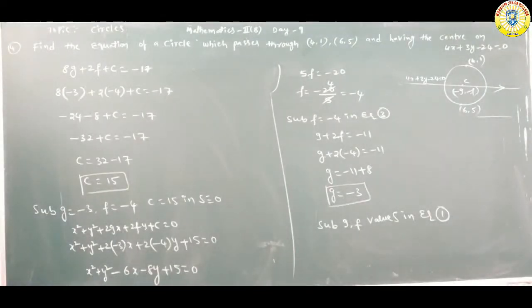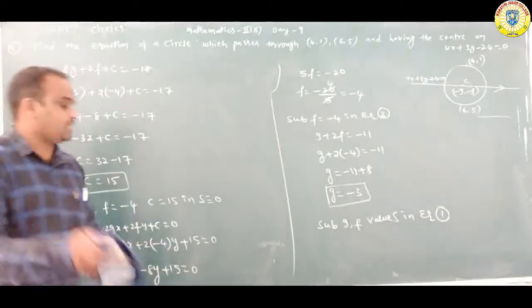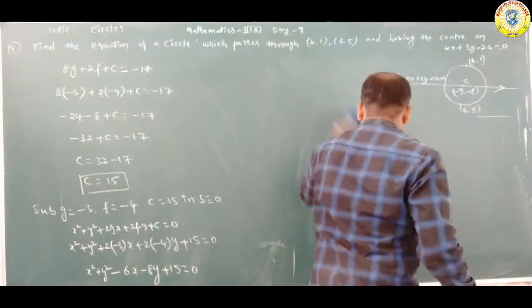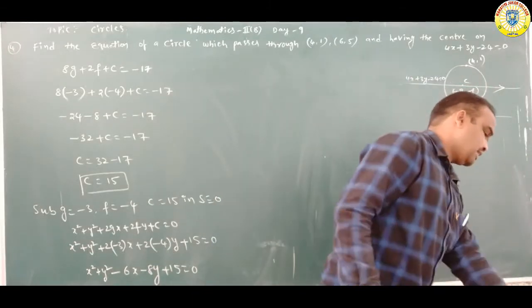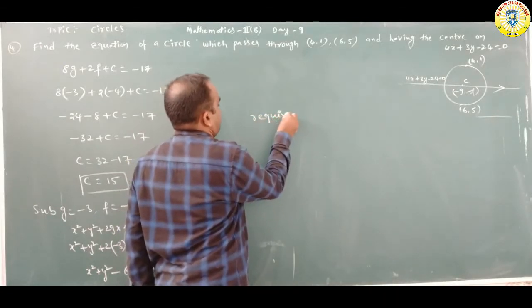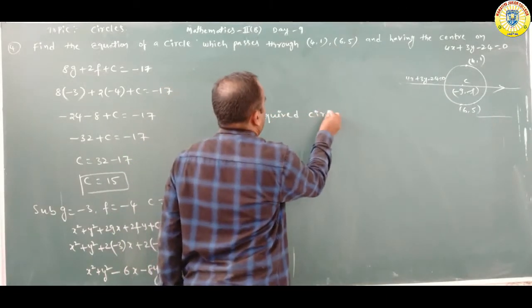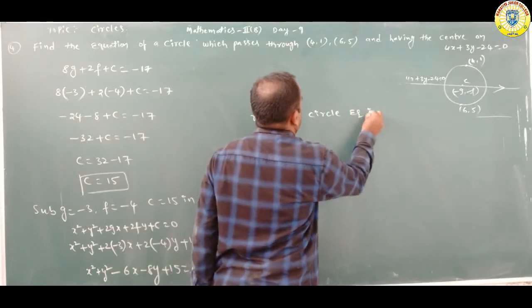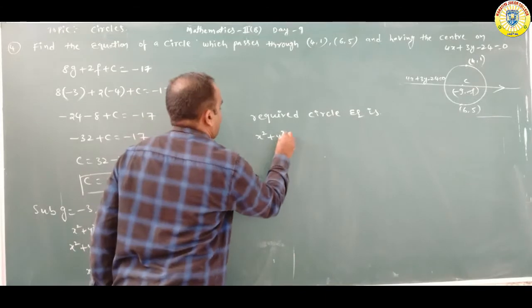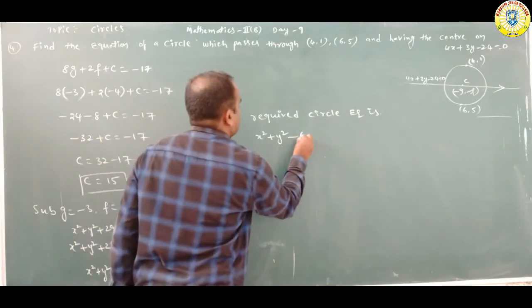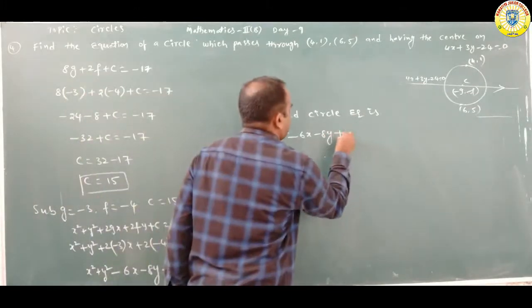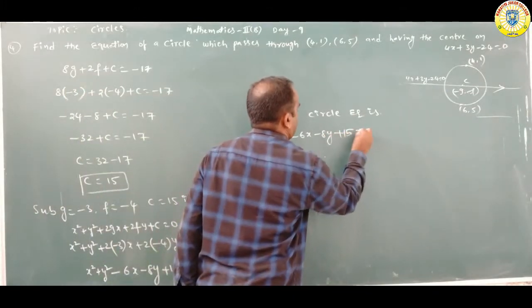See here. This is the required circle equation: x square plus y square minus 6x minus 8y plus 15 is equal to 0.